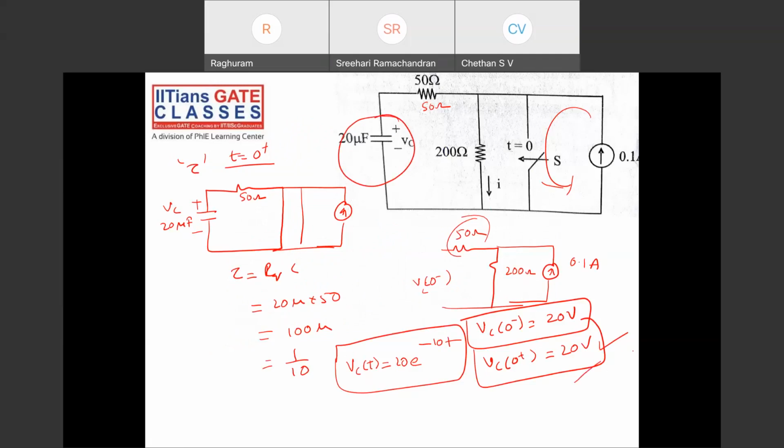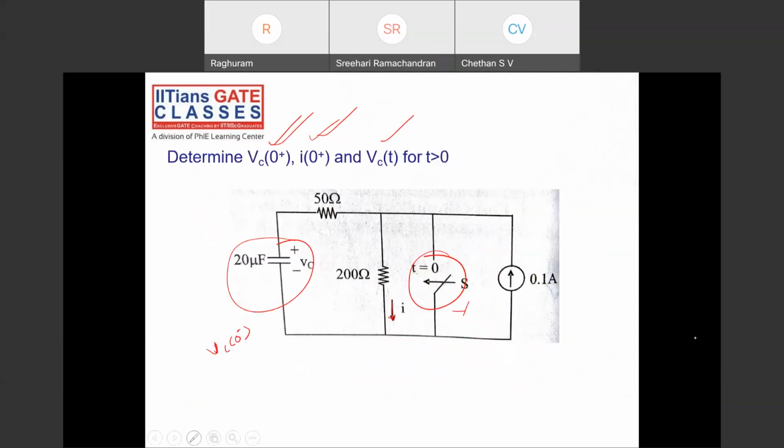At t equal to 0 plus, the circuit is something like this. I have a 20 volt source and a 50 ohms resistor here. No current flows through this, all the current will flow here only. So I is 0. Because it's a resistor, current can change instantaneously. So I of 0 plus is 0.